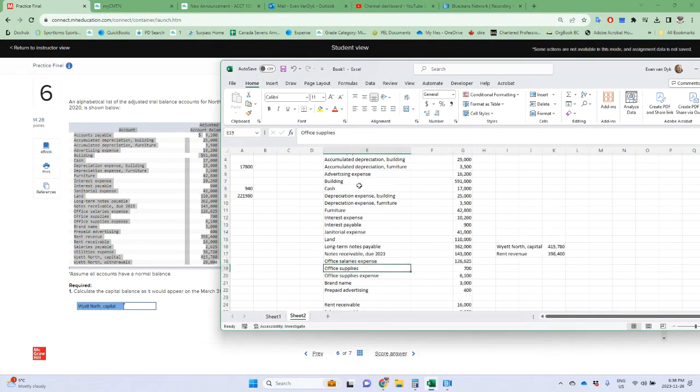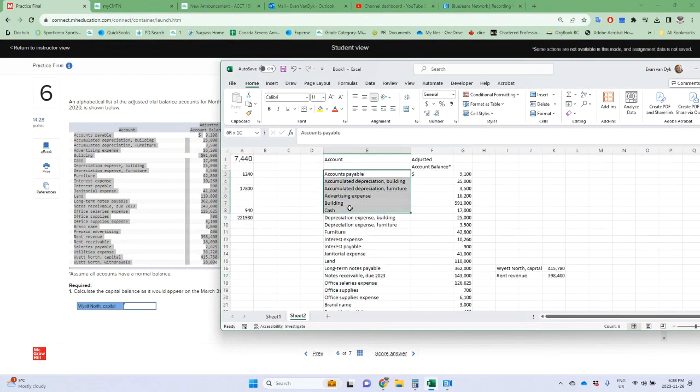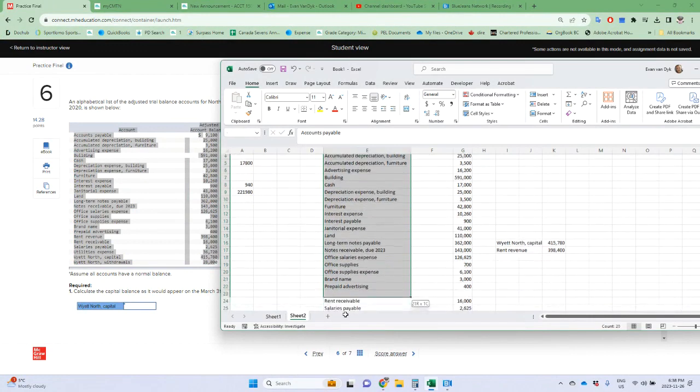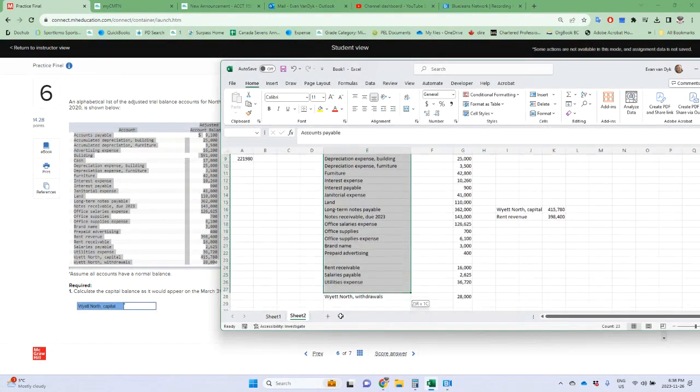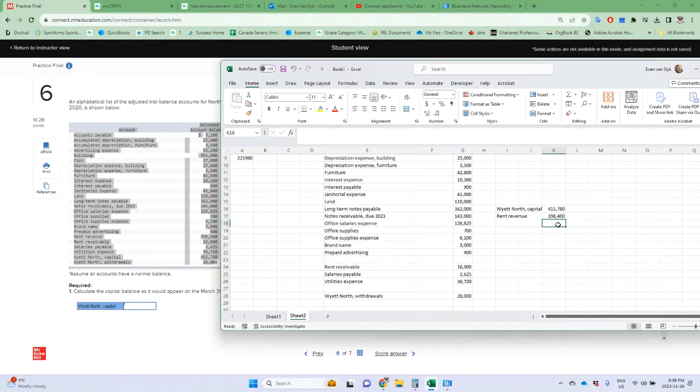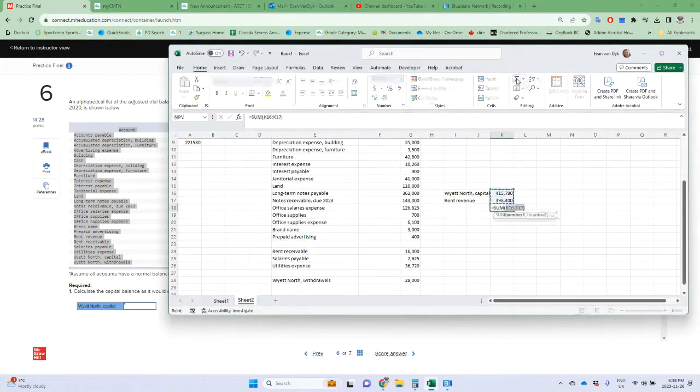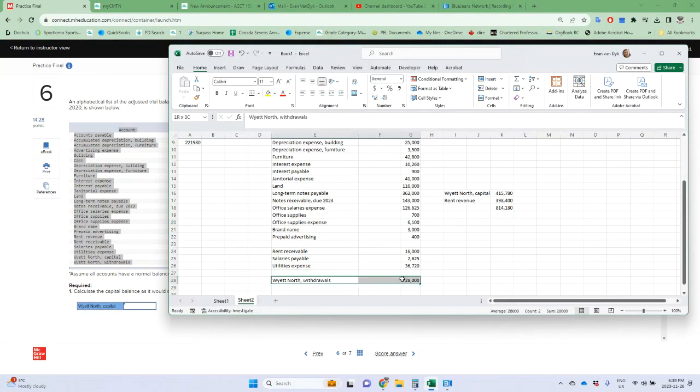But I've got any other revenue? Doesn't look like any other revenues. So that would bring us to, if I add the rent revenue in the capital, 814,180. And now we're just going to reduce that total with our expenses and our withdrawals.